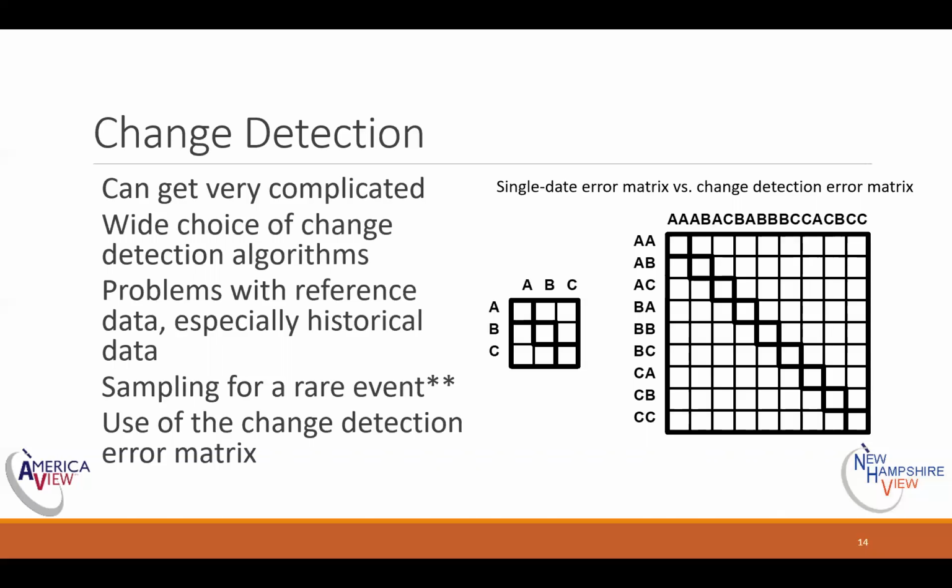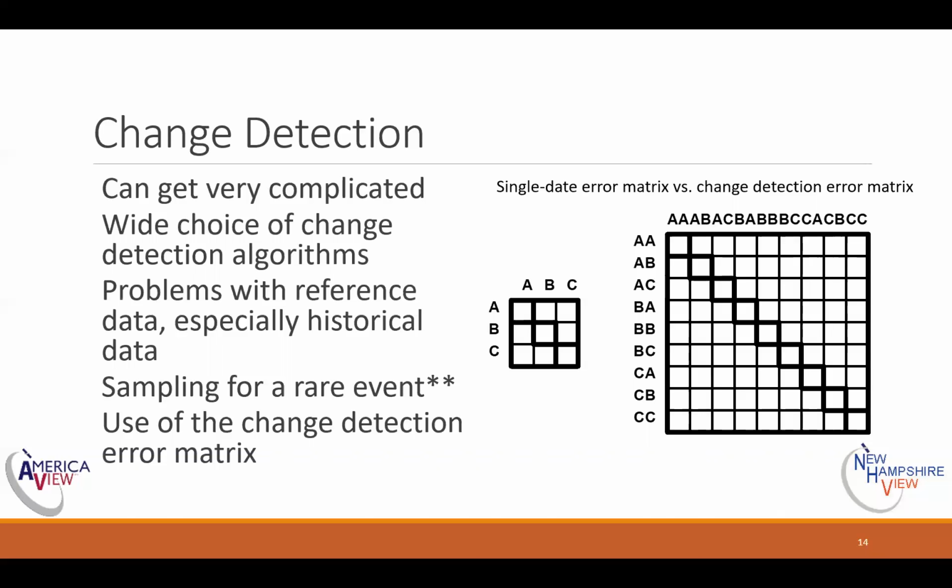If I go to change detection, I don't have a 3x3 error matrix anymore. I actually have a 9x9 error matrix. Again, on one axis, I have the reference data, and on the other axis, I have what the map says. But now I have what it is in time 1 and what it is in time 2.